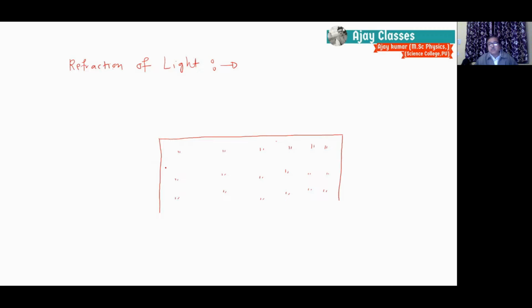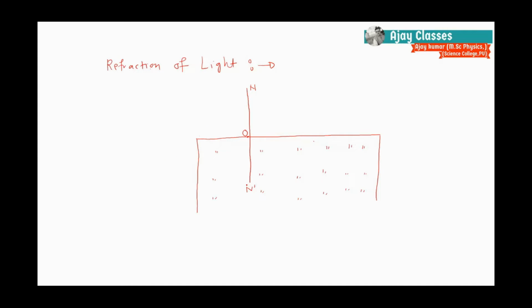Now, suppose we first choose a point where we draw an imaginary normal. N N dash is the name of the normal at the point O.